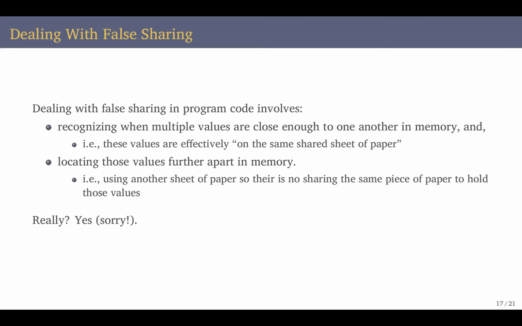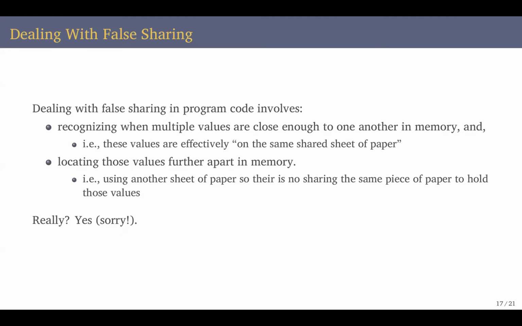Now, how do you solve it? You recognize situations when you need to access or update your values frequently, and you say, oh, okay, I'm doing this commonly with values that are close enough to one another, but those values are being updated from separate threads of execution, or processes if you're using processes.